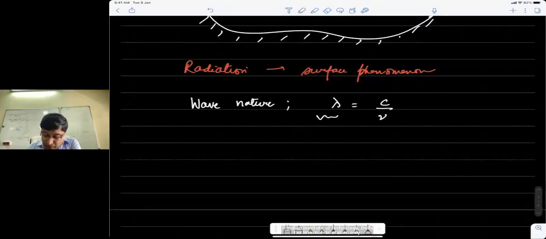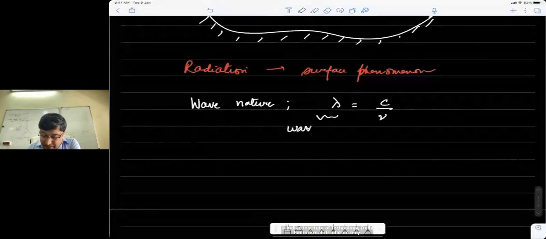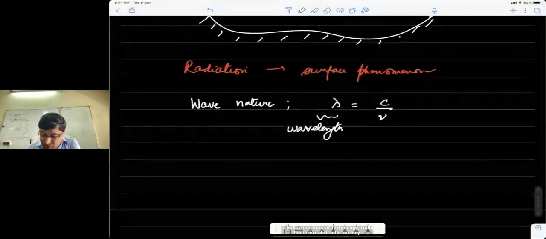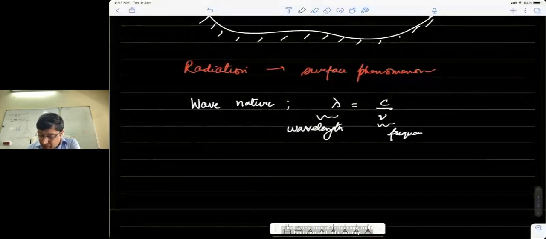So this is something that we'll commonly use, except you will see now that it is more common to report radiation properties in terms of wavelength only. Frequency is very, very rarely used. So wavelength typically would be reported in microns, and you'll see why.